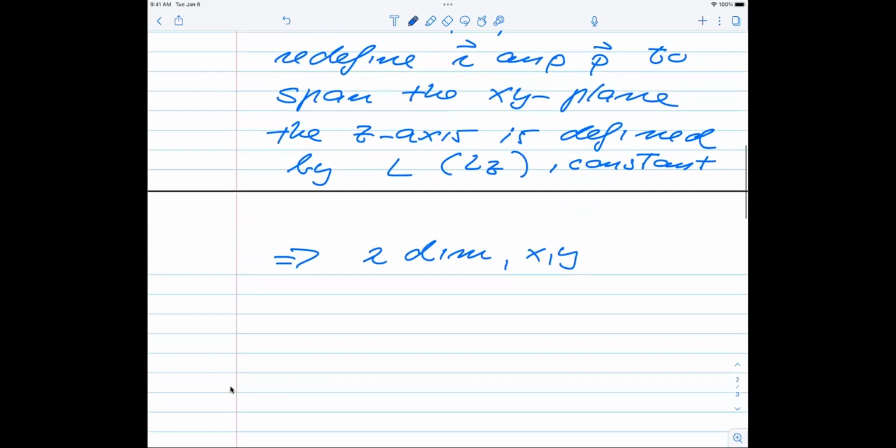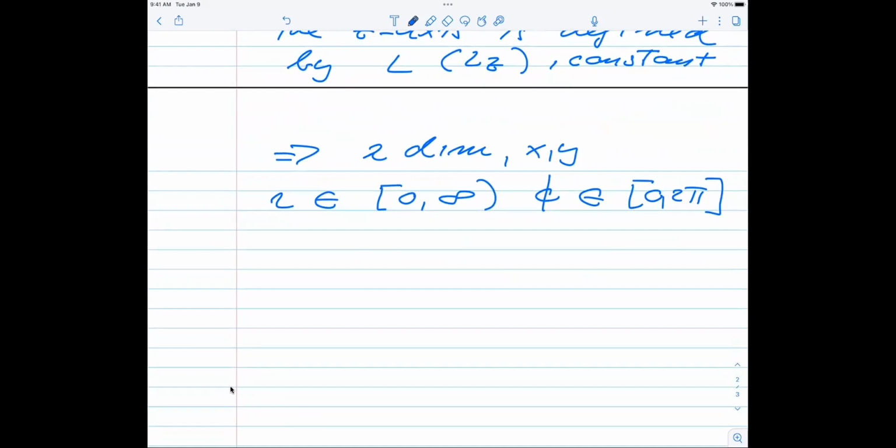So that means that we are going to redefine the coordinates. We define r to live between 0 and infinity, and then we have an angle phi, which now lives between 0 and 2 pi. And since we are on the plane, we have something like this.